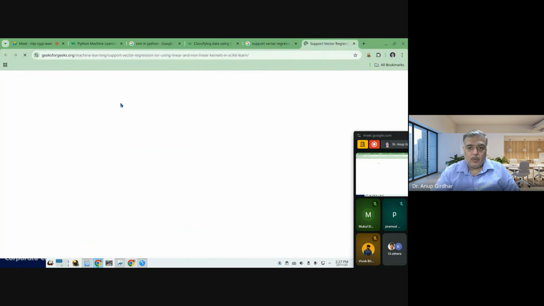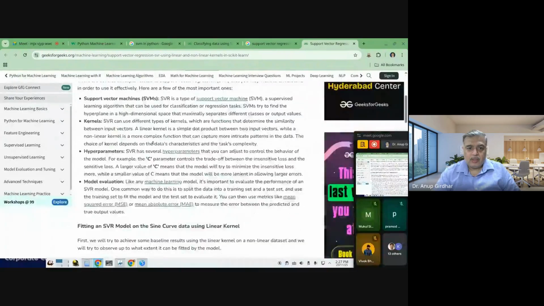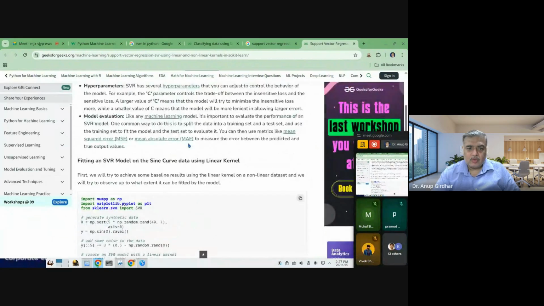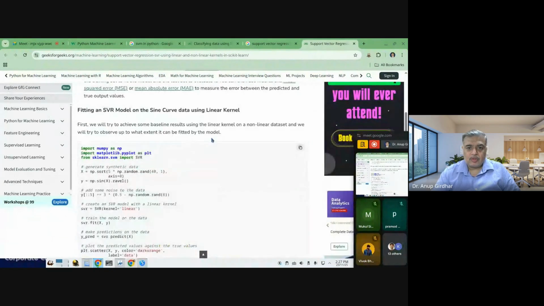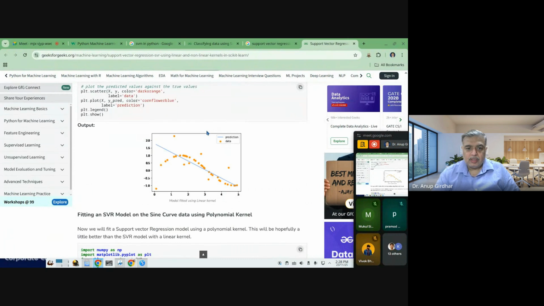You will get the code or you can execute the things as well using SVR. I think almost similar kind of code, but yes, the results are varying. So you can just check. They're also using the linear kernel model, but your data comes into the sine curve data. So how to fit your SVR model on the sine curve data and generate the output using the linear kernel model. This is how it works.